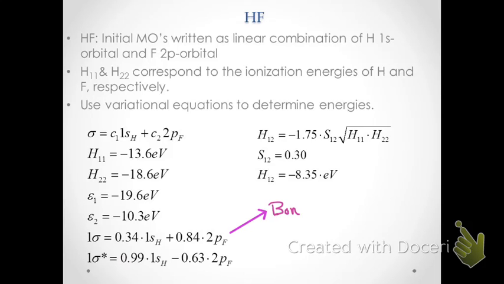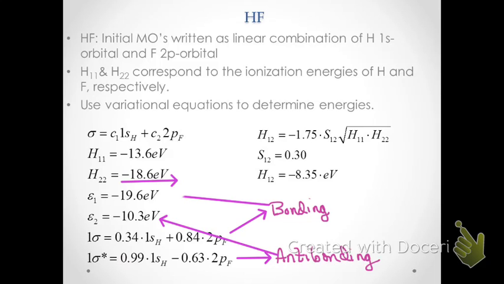Now we will note that the bonding orbital given here has lower energy, negative 19.6 electron volts, which is lower in energy than the energy of the fluorine 2p orbital, which is negative 18.6, so that makes it more stable.